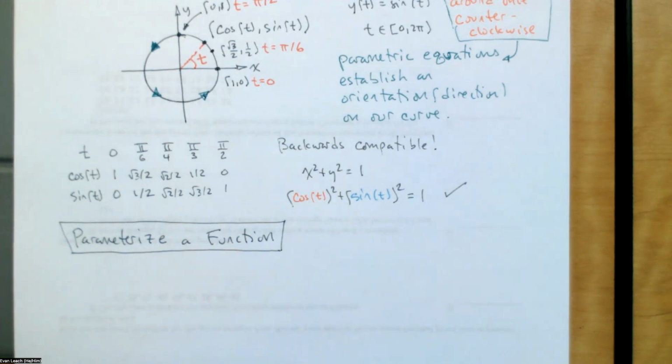The answer is no, we totally can't. So moving on, I'm just kidding. Obviously we can because I wrote parameterize a function and I put a big old box around it.